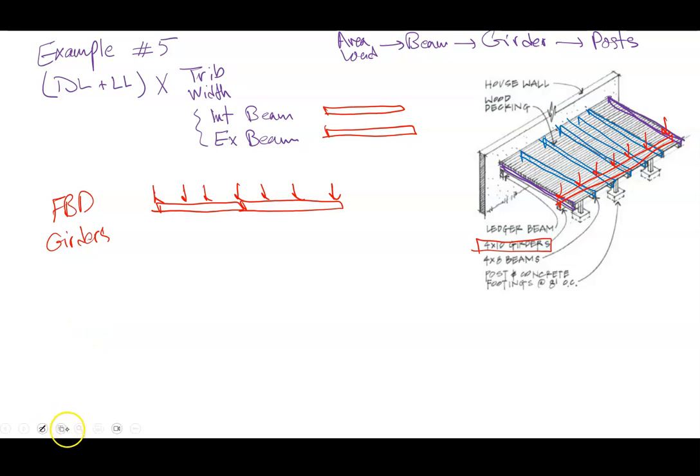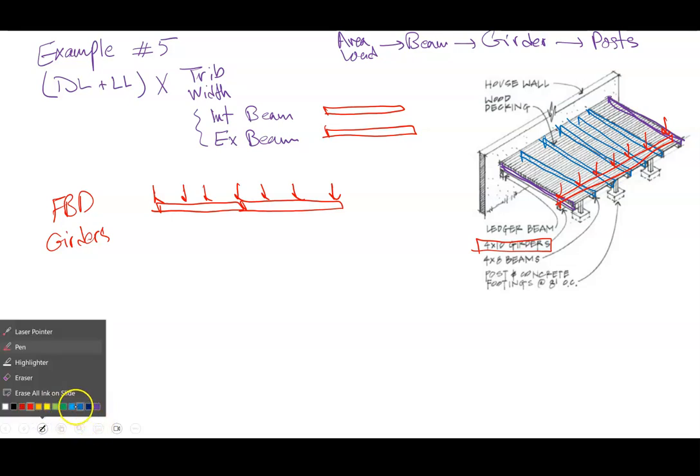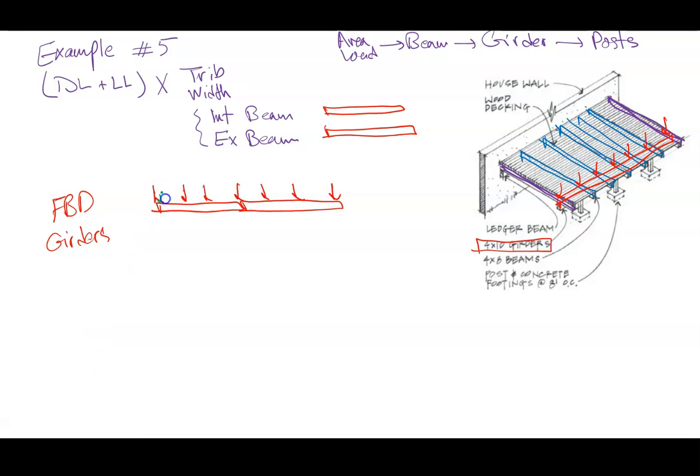We also need to include the dead load of the girder, and we calculated the post reactions. So we have post A, post B, and post C.